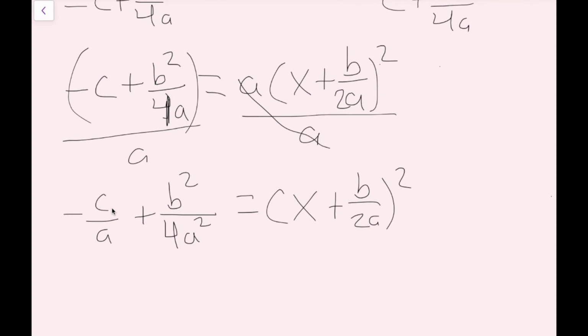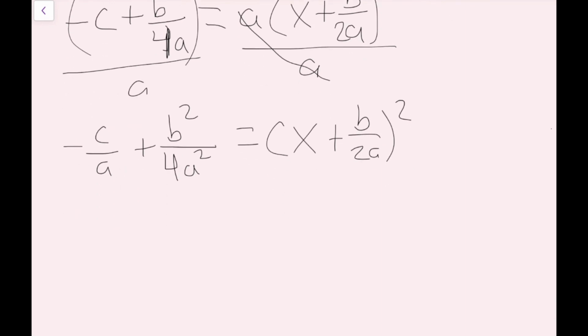So now what I can do over here is give myself a common denominator. We have an a on the bottom here, but there's basically an a squared on the other term, so there are two a's and a 4. If I multiply by 4a on the top and bottom, I can get a common denominator. So this will become negative 4ac over 4a squared. Remember, what I did is just multiply by 4a on the top and bottom, and then plus b squared over 4a squared.